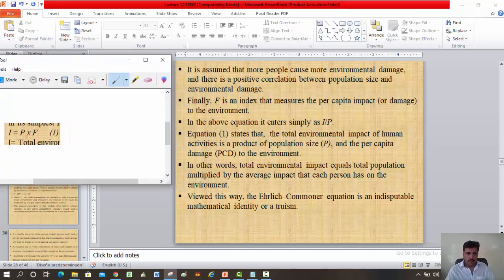In this equation 1, F measures the per capita damage. So as explained, the total environmental impact I is equal to the population multiplied by this per capita damage.